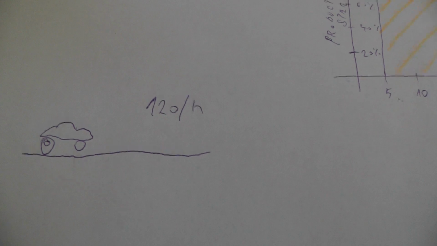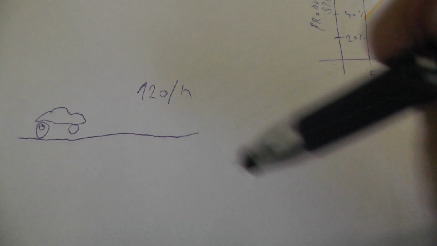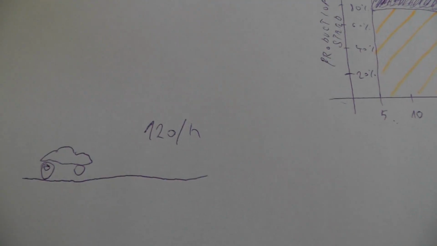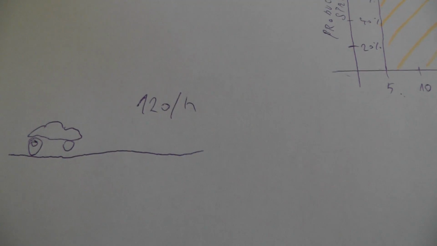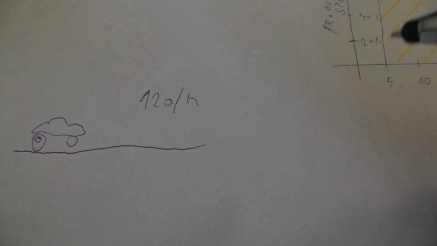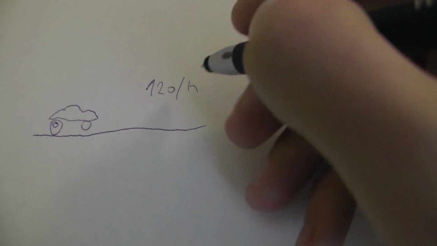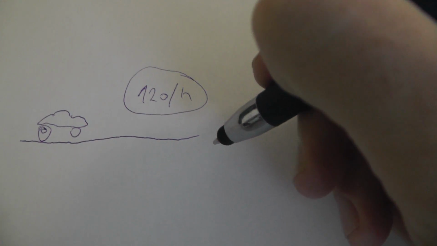If you have a very expensive car, you can reach this speed in 8 seconds, but normal time is maybe 10 or 11 seconds. So this ramp up means the time when I reach this speed with my car.